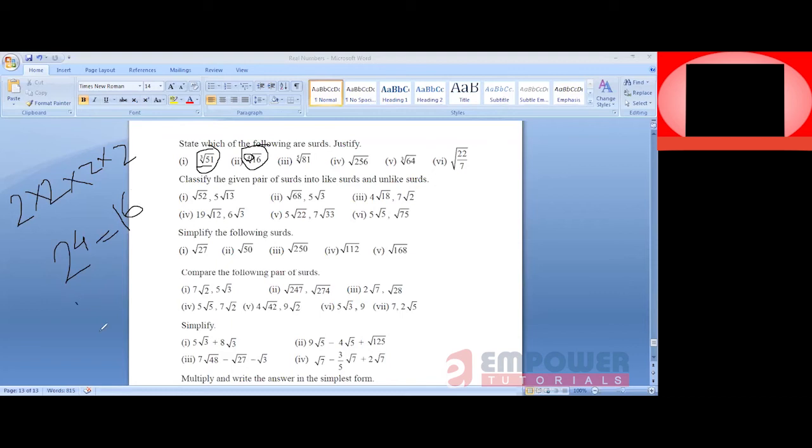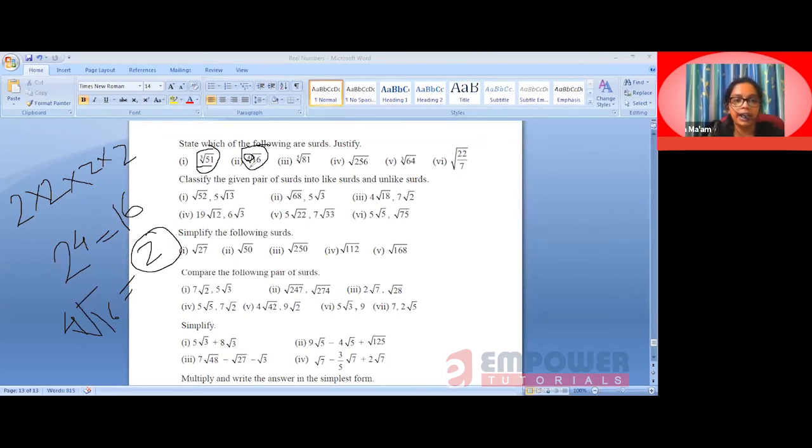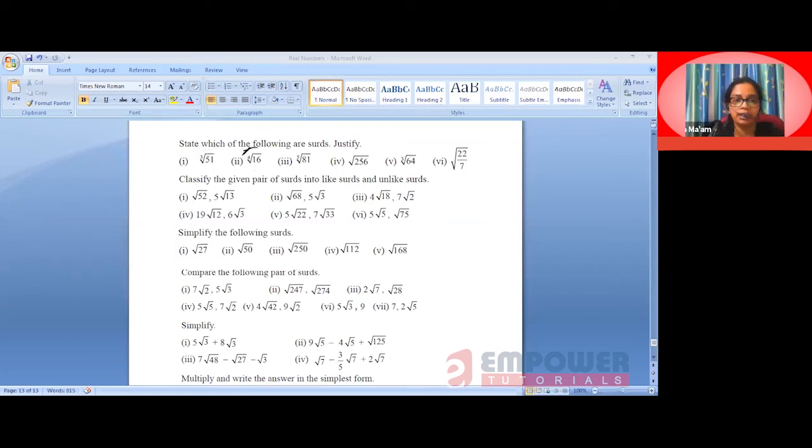So fourth root of 16 will be how much? 2. Yes, Darshan, correct. So that means this is your rational number. This will come in the form of a rational number. The answer of this is 2. So this cannot be your surd. Am I right?